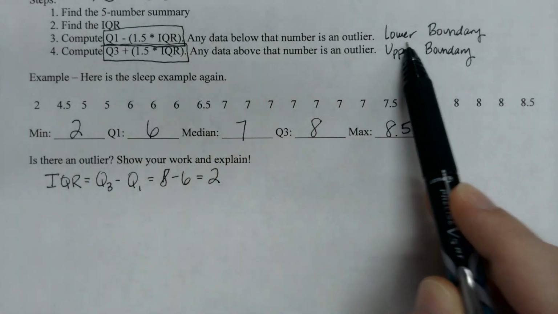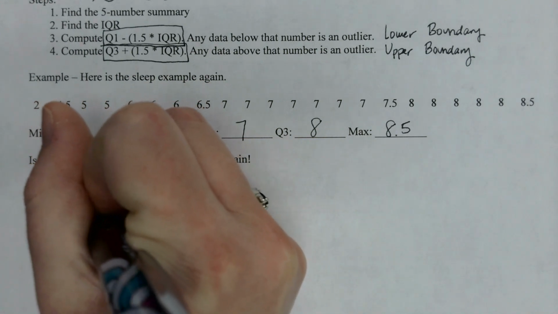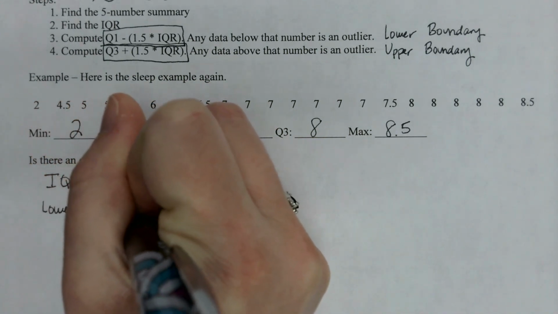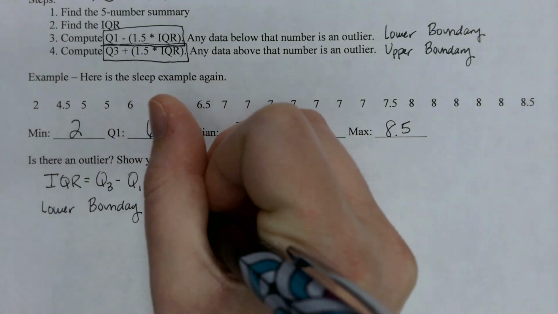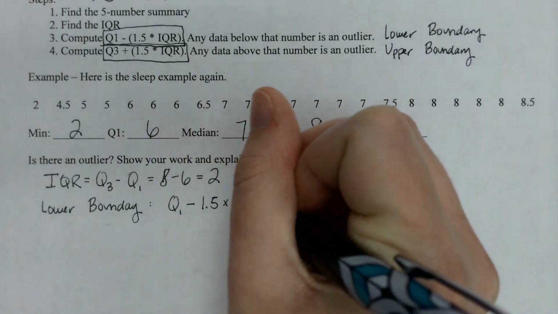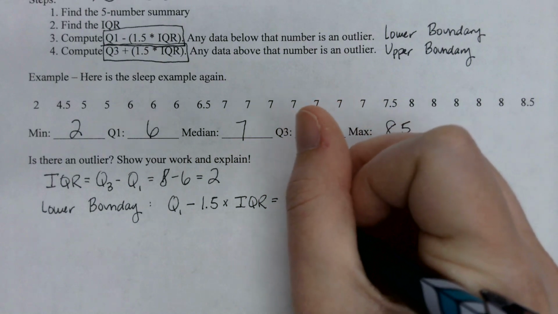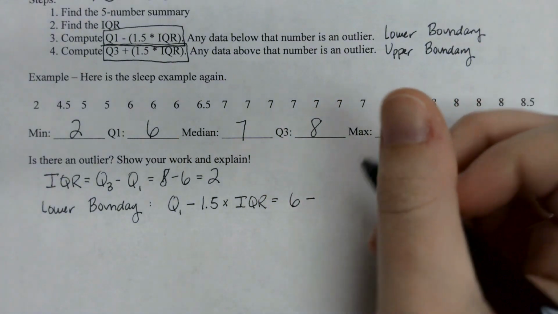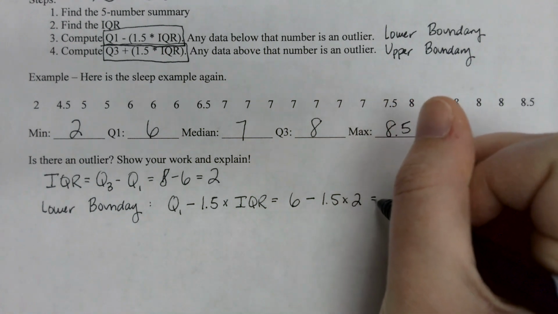So now what we're going to do is compute our Q1 minus 1.5 times IQR. So that's going to be our lower boundary. We're going to look at our lower boundary first. We're going to take our Q1 and subtract 1.5 times our IQR. So I'm going to take 6 minus 1.5 times our IQR of 2.